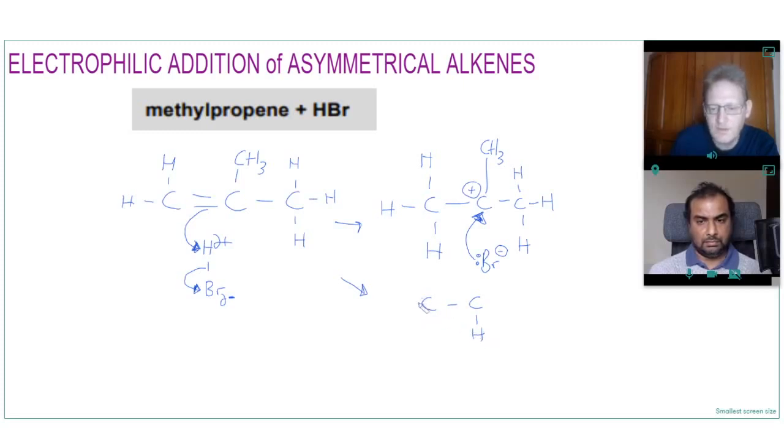and the first carbon gets the positive charge. And then the bromine could form a bond with the first carbon.